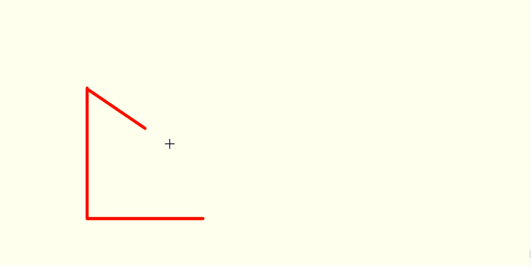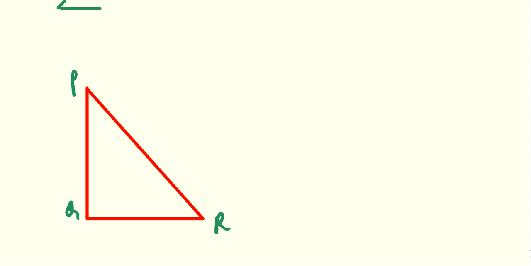Now how to apply this theorem? This is your triangle PQR, and in this triangle this is P, this is Q, and this one is R. 90 degrees at Q. So the side opposite to this 90 degrees is PR here.